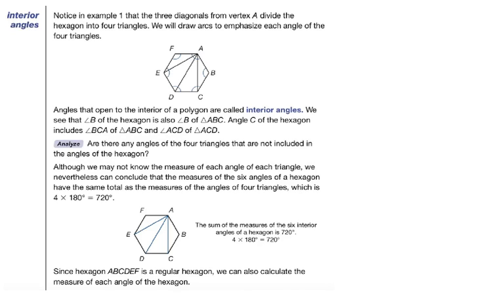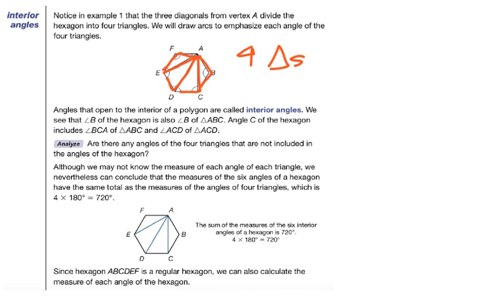Okay, great job everyone. So we have discovered that this hexagon can be divided by 3 diagonals. And when we look closely at these 3 diagonals, we see that it's created 4 triangles, right? We have 4 triangles: 1, 2, 3, 4.